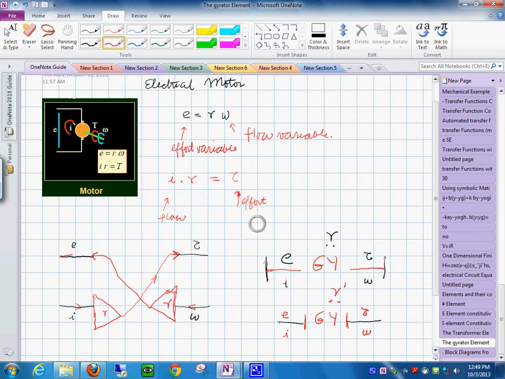So one thing that perhaps in closing we could say, if we put this in terms of the bond graph models, you could say that E1 is equal to R times F2. And you see the other one in here, F2 times R equals to tau, the torque.